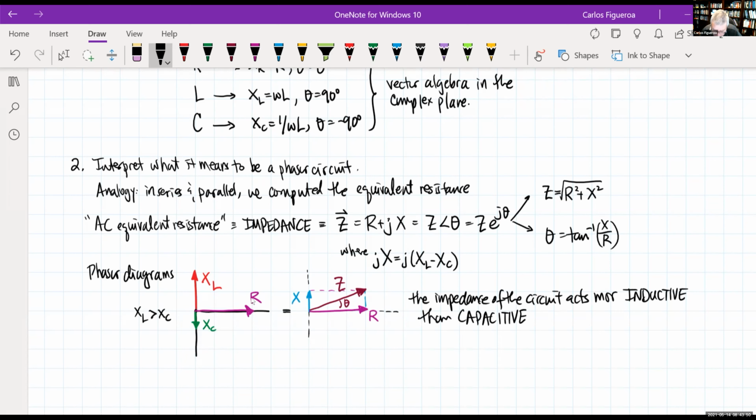So immediately we can say that if it's more inductive, then the voltage leads the current.